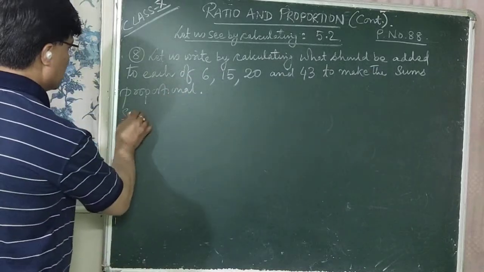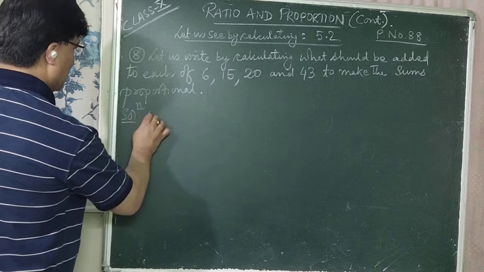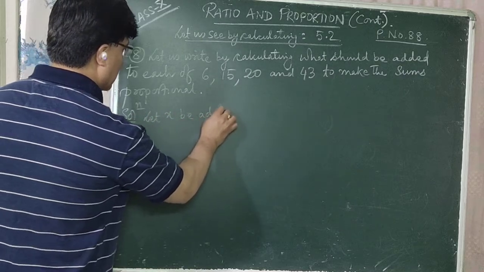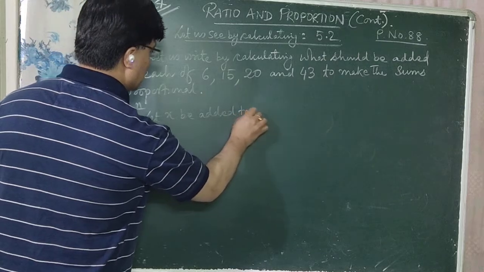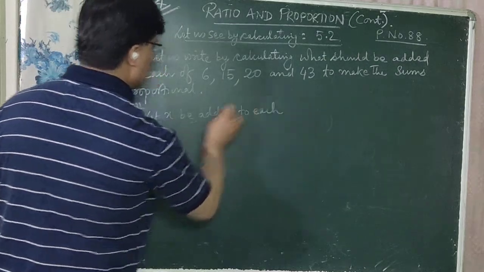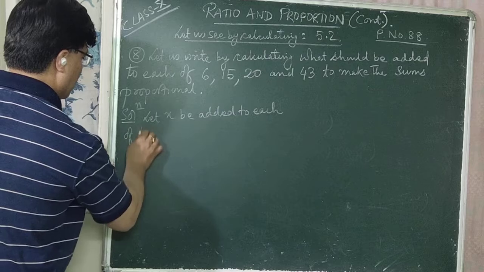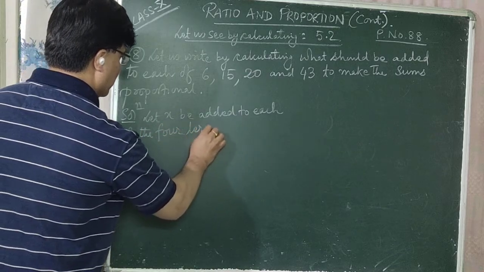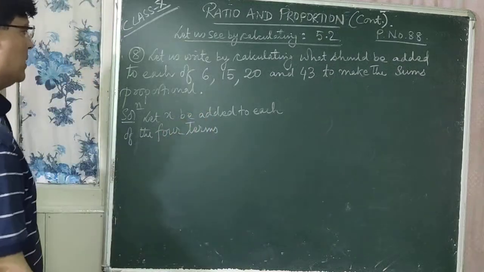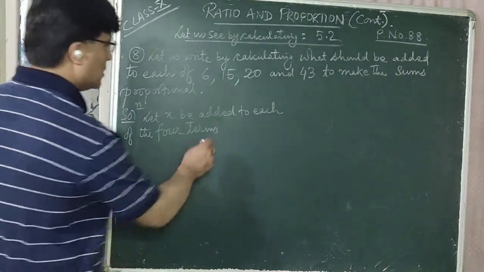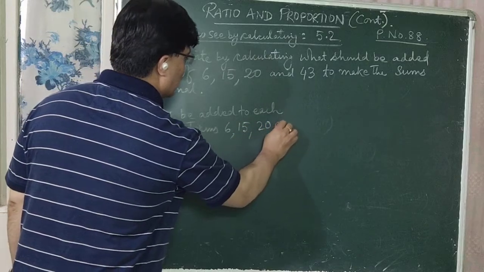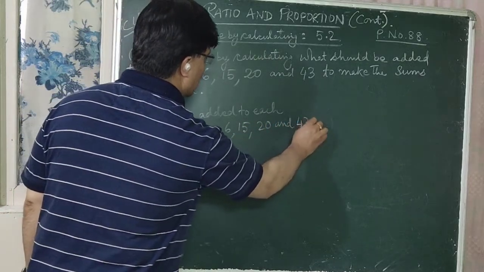So the solution is: let x be added to each of the four terms 6, 15, 20 and 43.